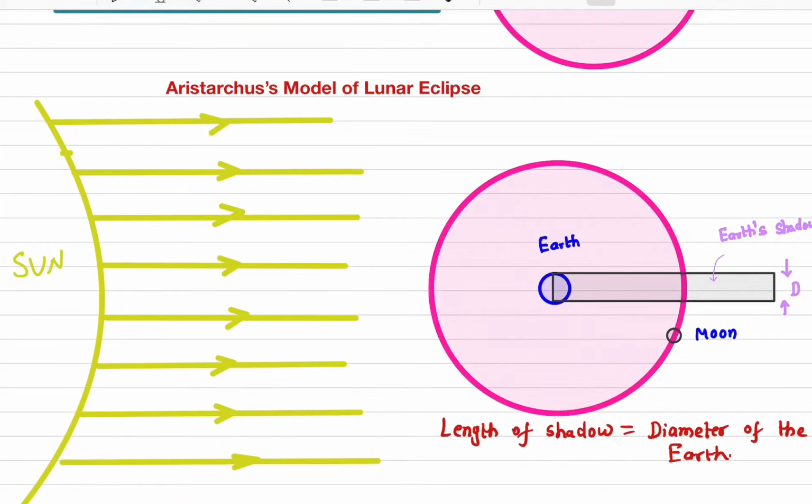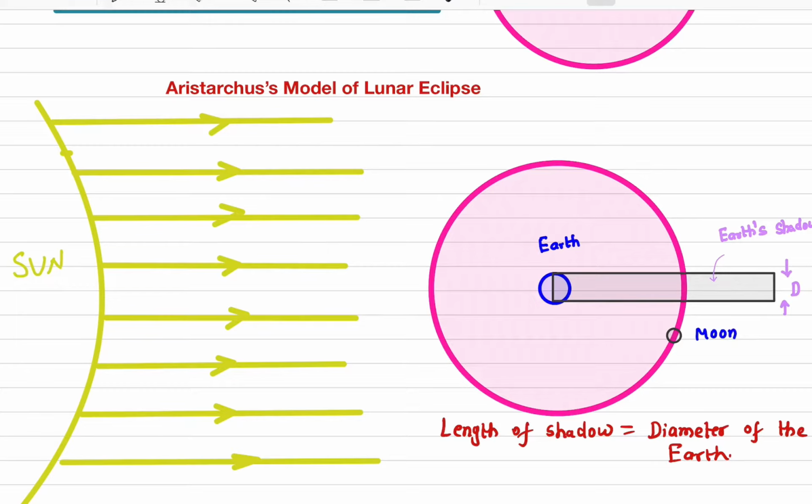What does that mean? That means, as all these light rays are parallel, the shadow that it will form onto the Earth's surface will be cylindrical. So he assumed the shadow to be perfectly cylindrical.